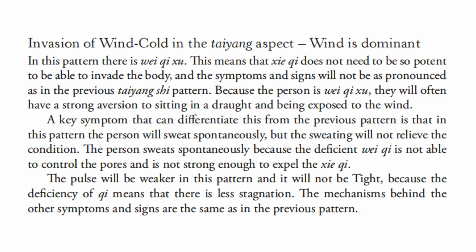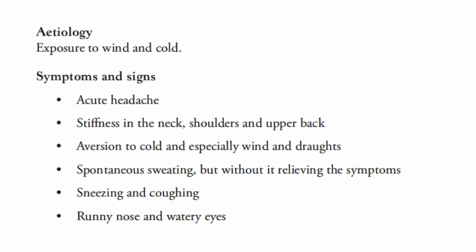The person sweats spontaneously because the deficient Wei Qi is not able to control the pores and is not strong enough to expel the pathogenic qi. The pulse will be weaker in this pattern and it will not be tight because the deficiency of qi means that there is less stagnation. The mechanism behind the other symptoms and signs are the same as in the previous pattern.